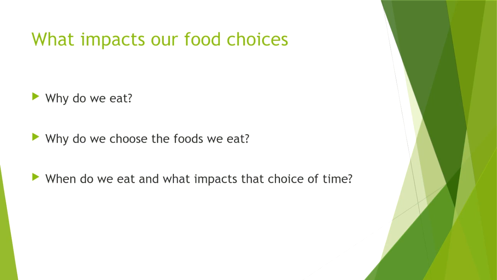I also see that Patty was correct in saying every 3 to 4 hours. We don't want to go longer than that without any food. The timing of our meals is important. It'll keep our metabolism stable. You're going to learn more about blood glucose next week, but we don't want our blood glucose levels spiking too high or going too low. We want it kind of even throughout the whole day.